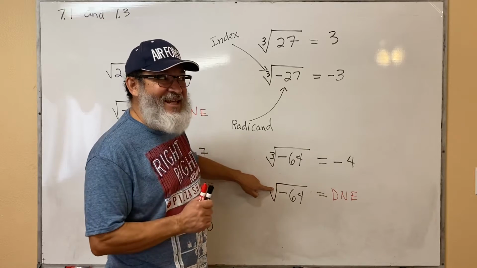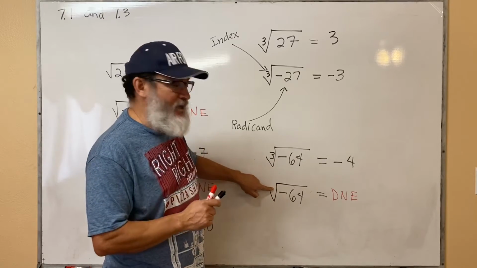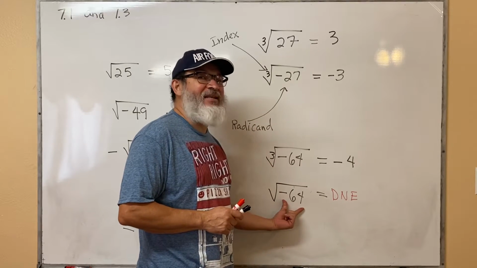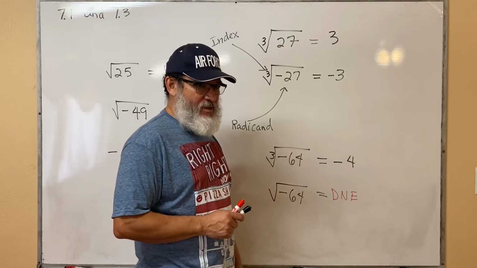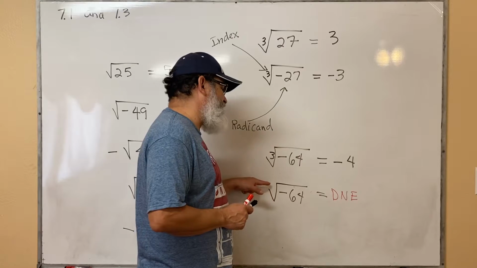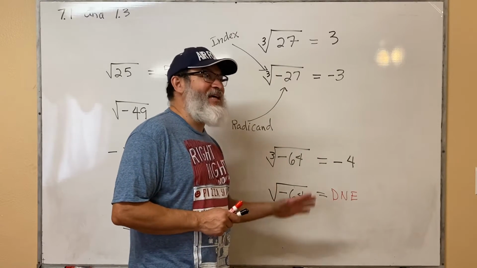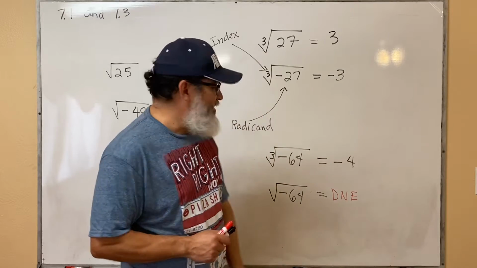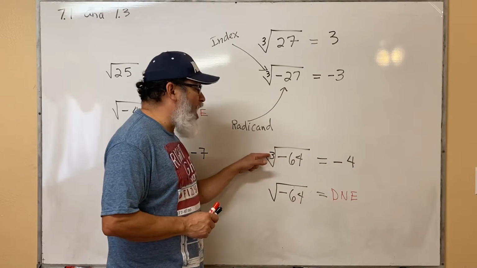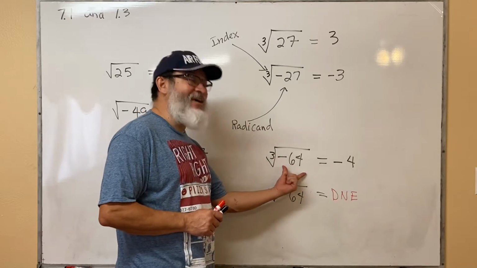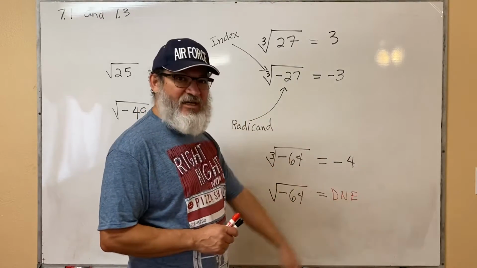When the index is even, this radicand cannot be negative. If the index is even and the radicand is negative, it does not exist. But if the index is odd and the radicand is negative, that does exist. Yes, it does.